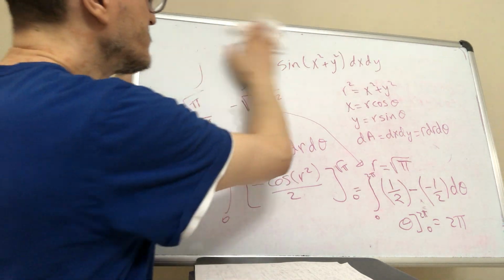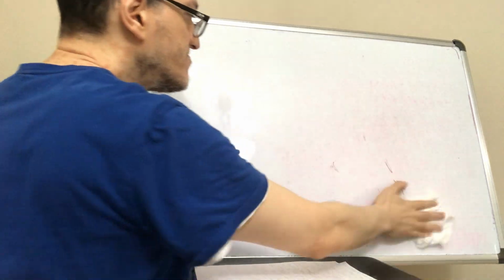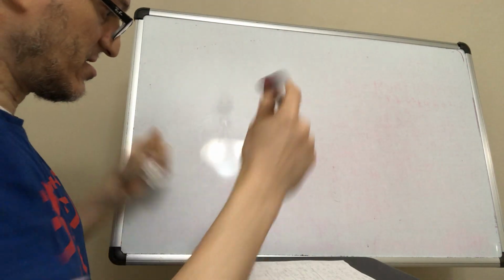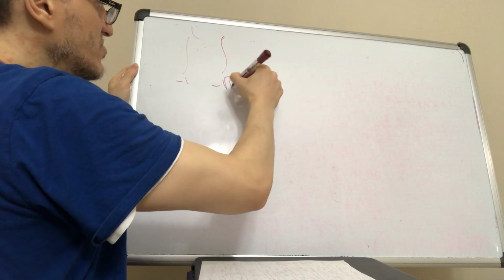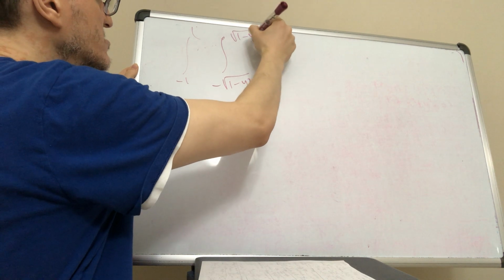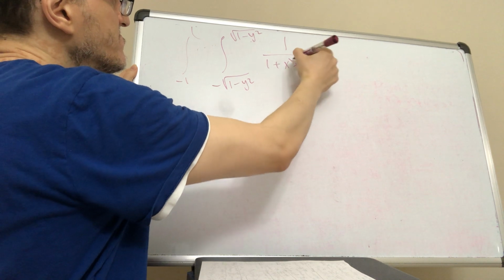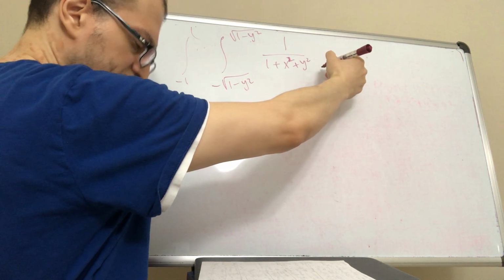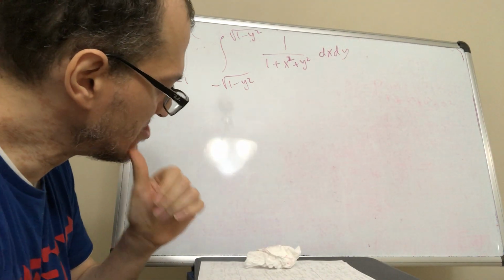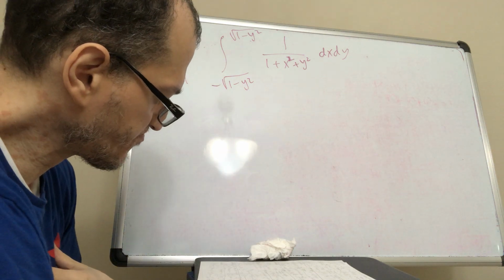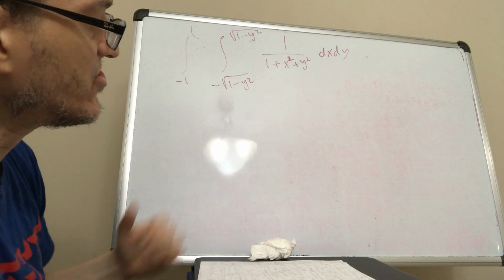We do another one where we have to switch to polar. Negative 1 to 1, minus square root of 1 minus y squared, square root of 1 minus y squared. You'll notice even if he doesn't tell you that you need to do it polar, you'll see that it's really hard to be able to do this without switching to polar.